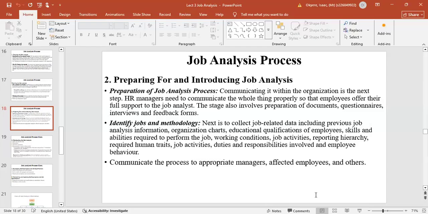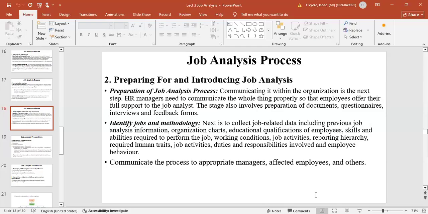The HR manager needs to know, and it is the HR manager who is expected to communicate it throughout the organization to all the members of the organization. That is the preparation.